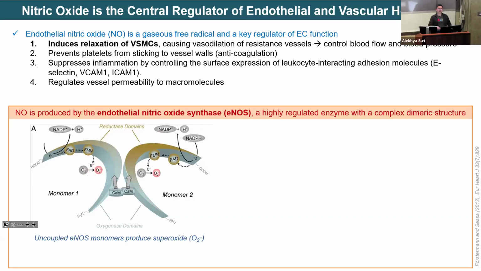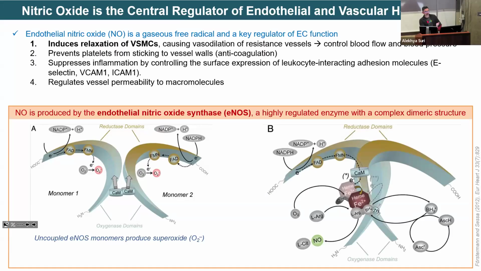But in the presence of a gazillion different cofactors, including NADPH, a heme group, calmodulin, zinc, tetrahydropterin, and a bunch of other things, what the enzyme does is it takes electrons from reduced NADPH, and it basically puts them into its substrates, arginine and oxygen.